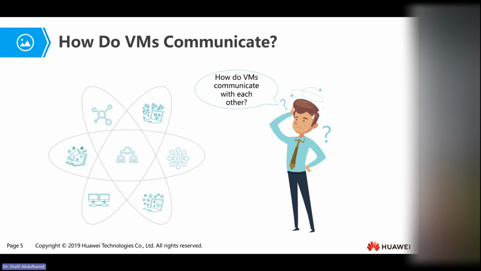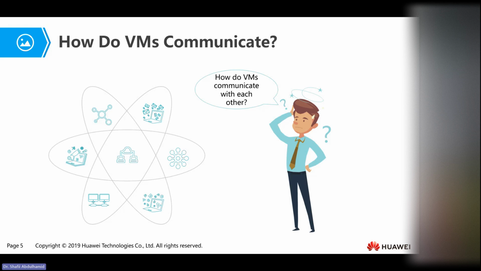When we discuss creating virtual machines in a network environment, the first question that everybody will ask is, how will the virtual machines be able to communicate with each other? This is the question that we will try to answer in this section. But before we go into answering this question, let me ask the class if you have any idea how virtual machines communicate with each other.